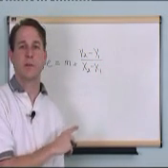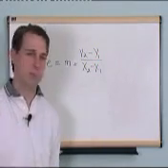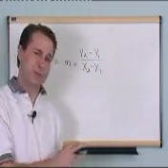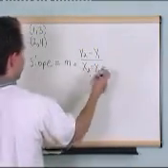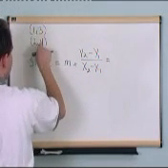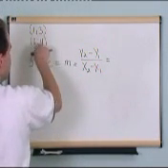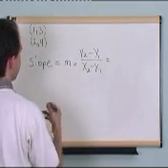The only reason I wrote this equation on the board in this way is because that's how it's written in the books. It's a very simple equation to understand, so don't let these little numbers fool you. All you have to do is take, remember this is x comma y, the two y values and subtract them, and then the two x values and subtract them, and that's all you have to do.